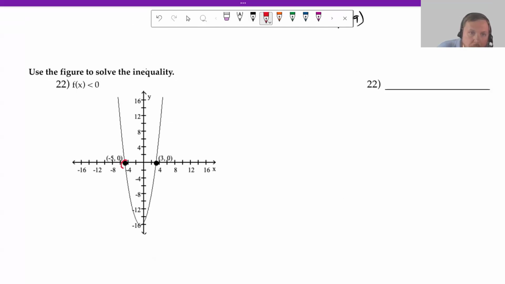So it's not including the x-axis, but I can see that the function is less than 0 along here. And then the values of x are the solution to this. So from here to here. So then my answer is that f of x is less than 0 when x is between negative 5 and 3, not inclusive.